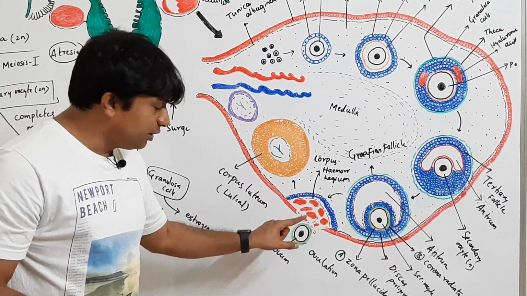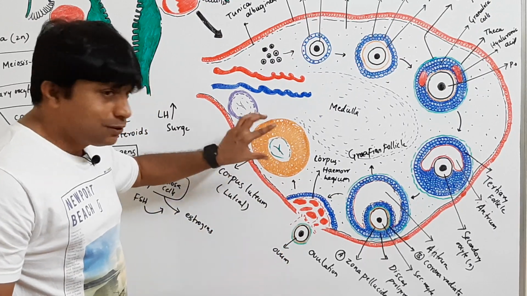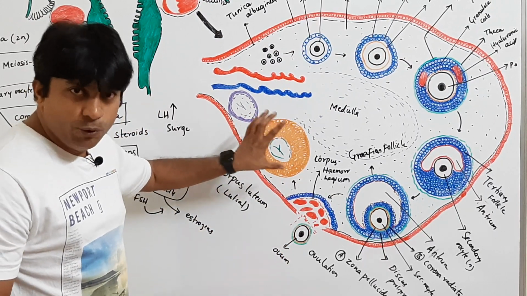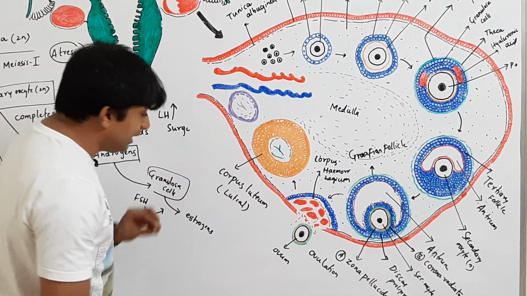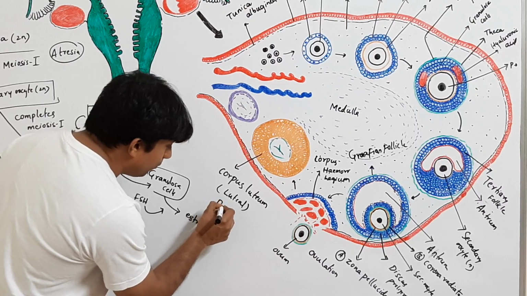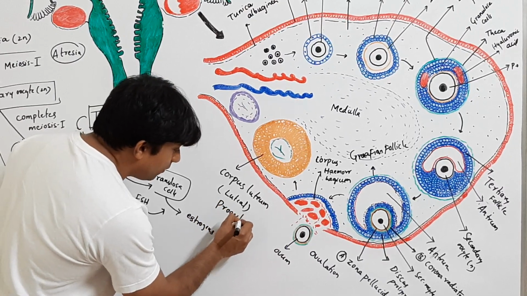After ovulation, corpus luteum remains for a few days and acts as a temporary endocrine gland and keeps secreting the hormone progesterone.